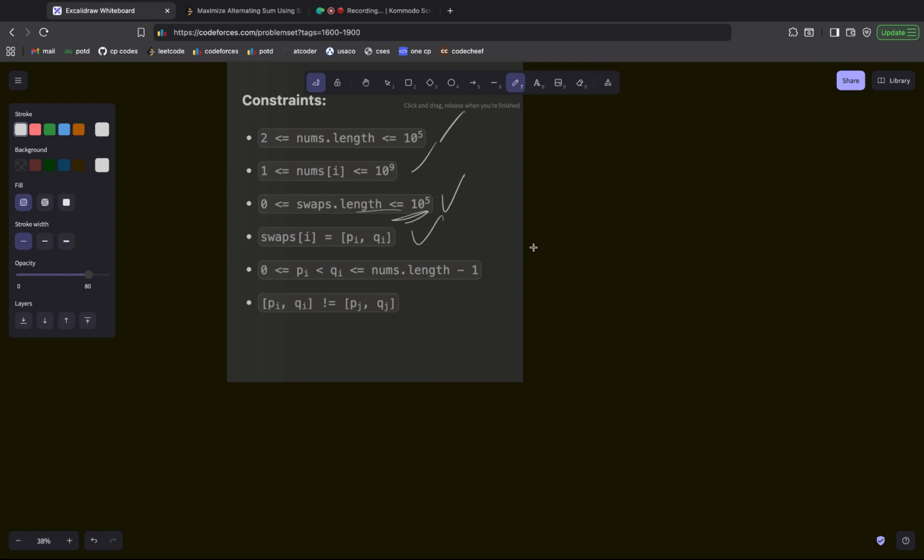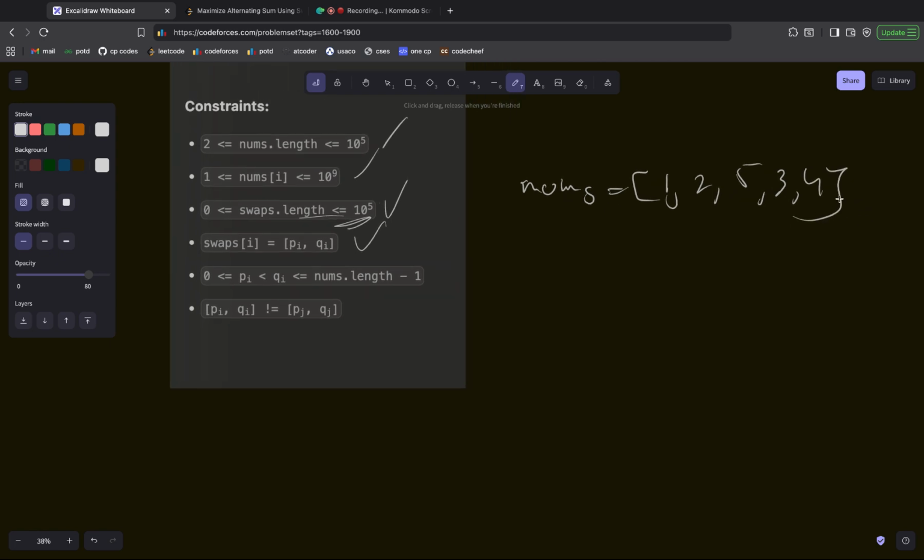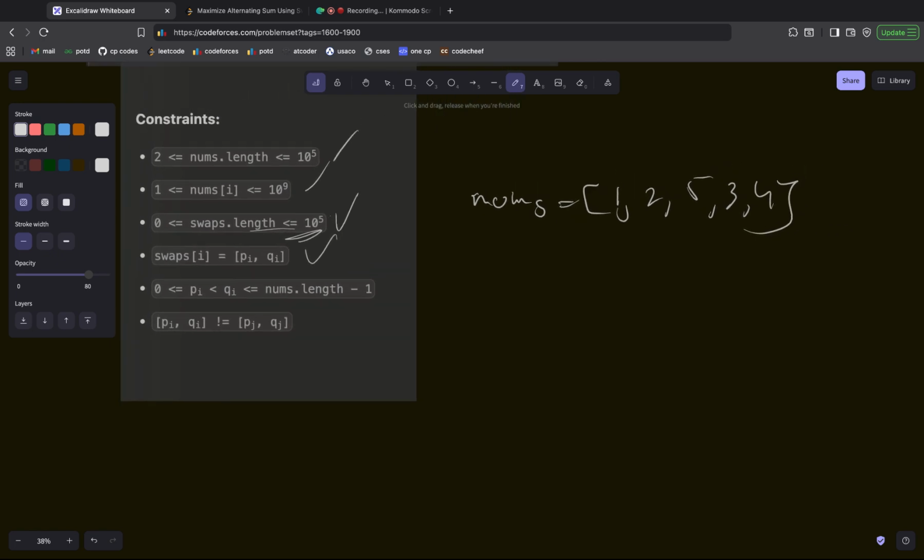So first thing that should come to your mind is, let's say I have my array nums, right? Let's say this is 1, 2, 5, 3, 4. Let's say you can rearrange this array anyhow, and you want the maximum alternating sum. How will you rearrange this thing if you can swap any element with anyone?